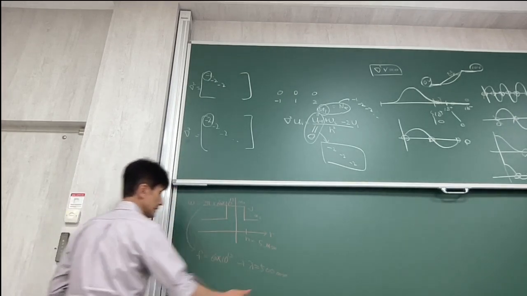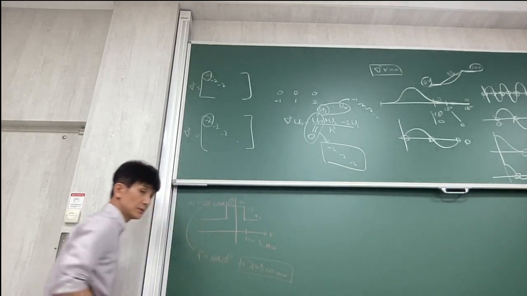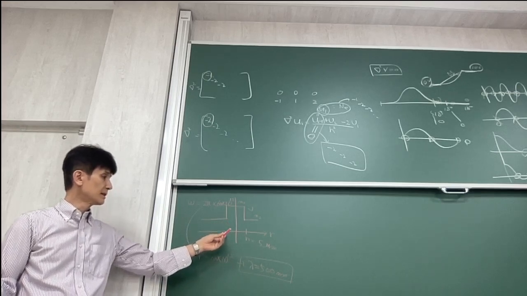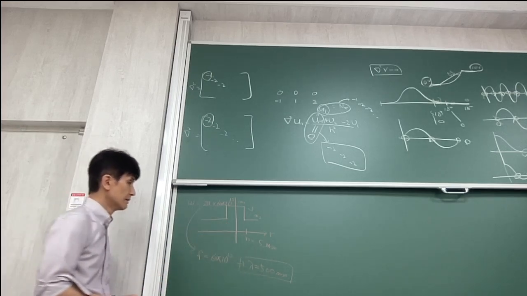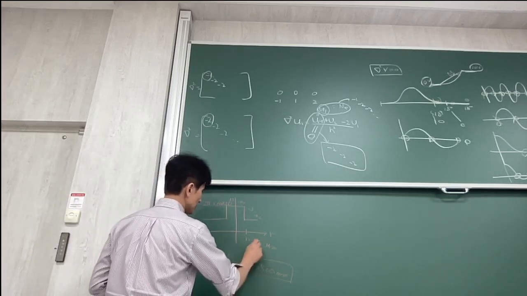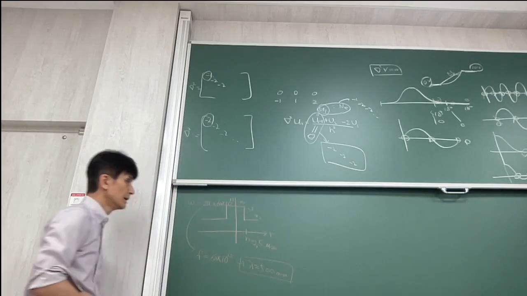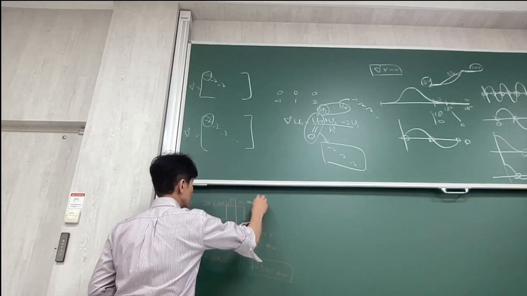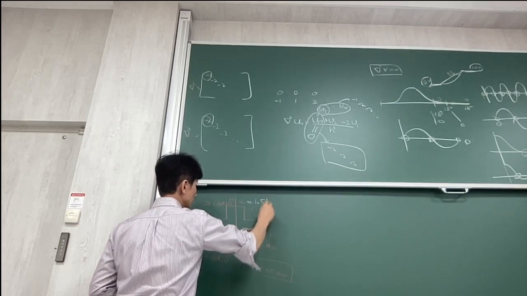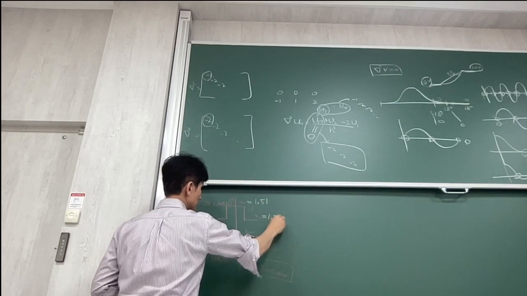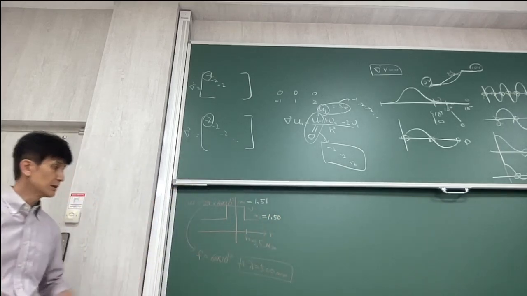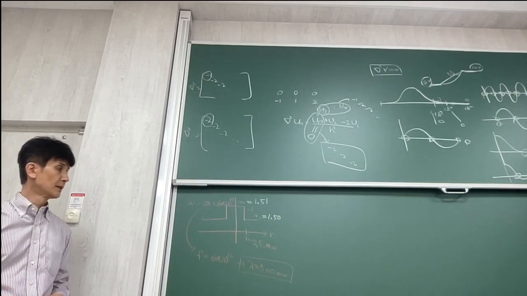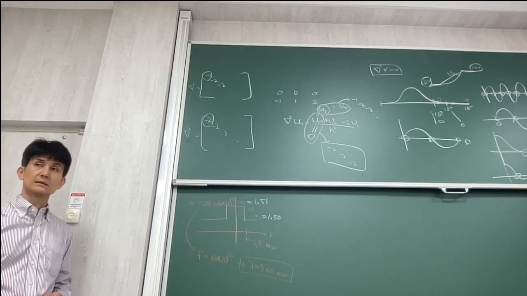If the laser wavelength is 500 nanometers, and we put that laser into a waveguide whose radius is 2.5 microns, with refractive indices 1.51 and 1.50, then we can calculate how many modes exist within a structure like this.